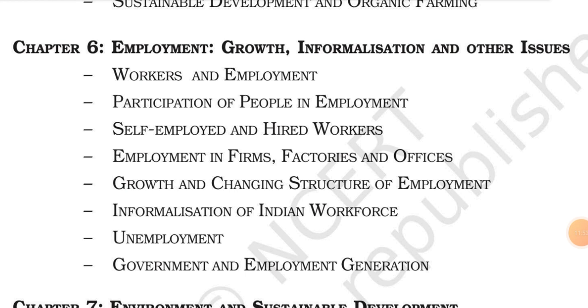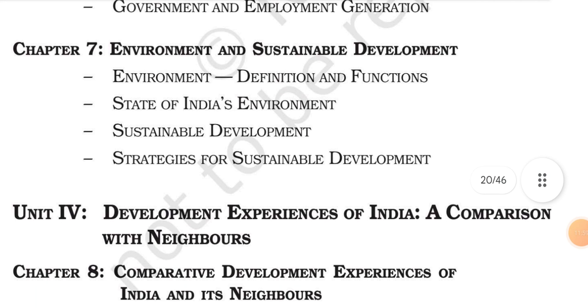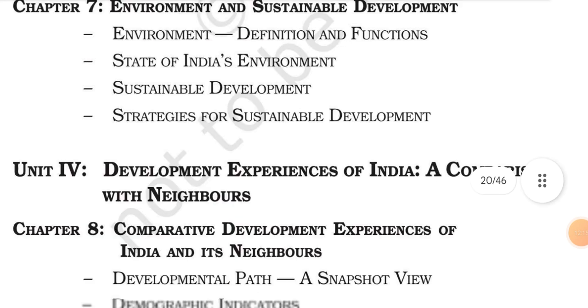Informalization of the Indian workforce. Unemployment, government and employment generation. Chapter 7, Environment and Sustainable Development. Environment, definition and functions. State of India's environment. Sustainable development, strategies of sustainable development.